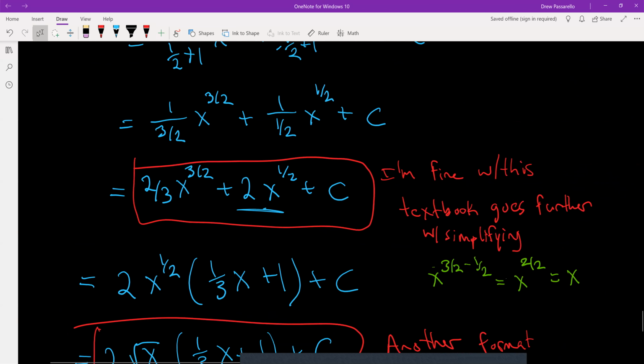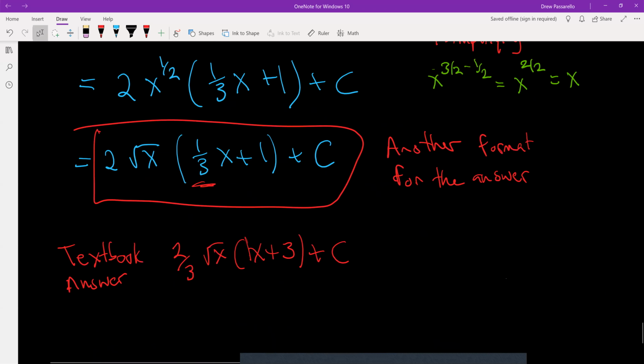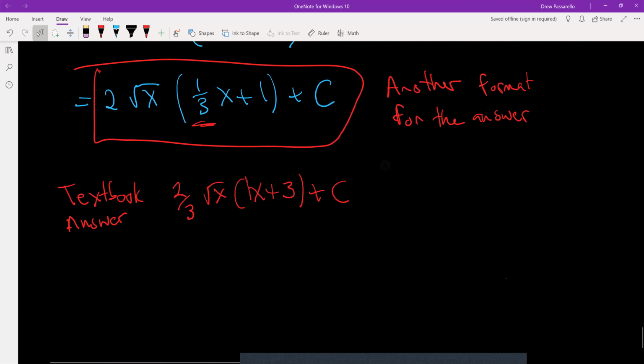And I was fine with the 2/3 x to the 3/2 and then plus 2x to the 1/2. You can just go further with the simplifying. All right, so that's where I'll stop this video.